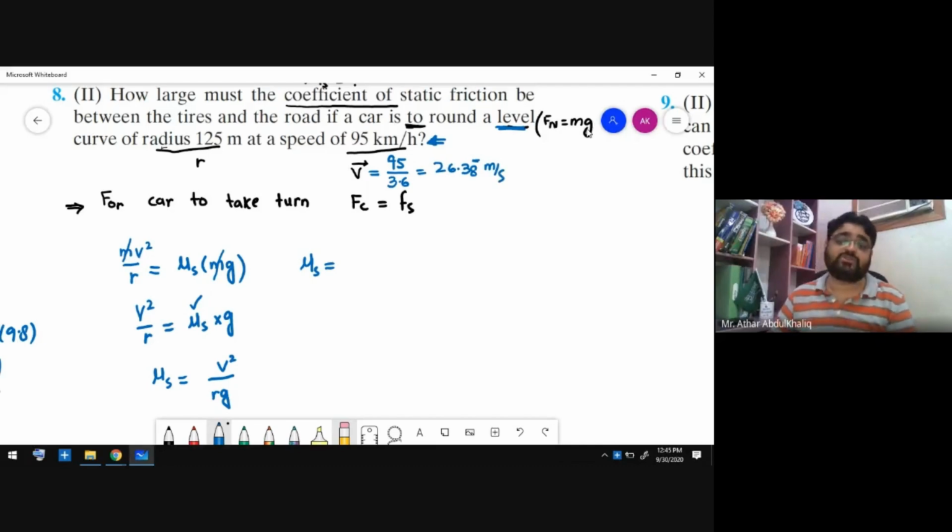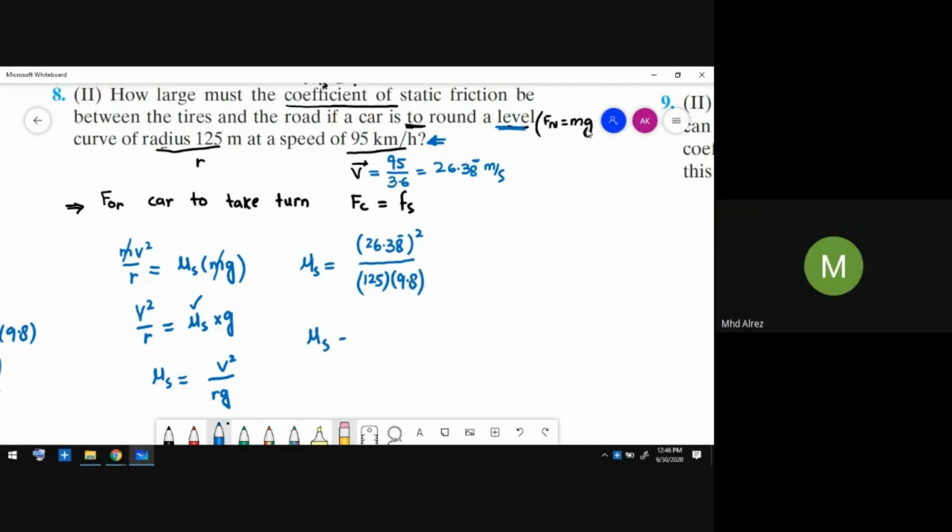Now substitute the values. Mu s is equal to 26.3888 squared over r, which is 125, times g, which is 9.8. Can you give me the answer? The answer is 0.568.